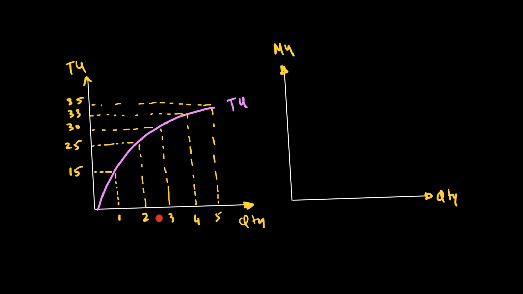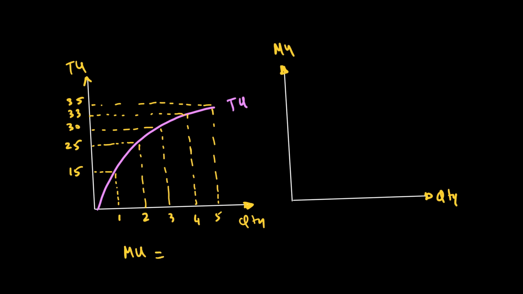And this number becomes, for example, 30 minus 25 is like 5, which means as I consume more and more of the tea, my total utility is going up at a decreasing rate, and that rate is what we call the marginal utility.